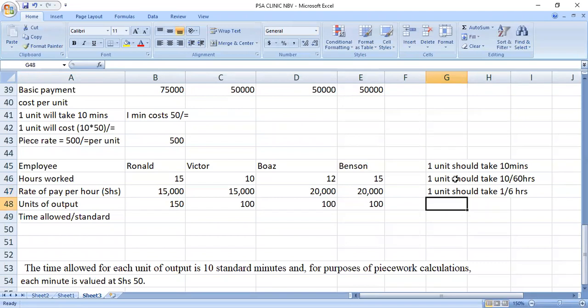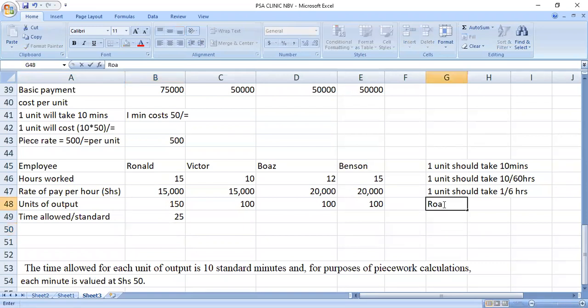Then I apply it. For Ronald, the time taken is going to be 1 divided by 6 times the number of units produced, which is 150. I can show where it's coming from.